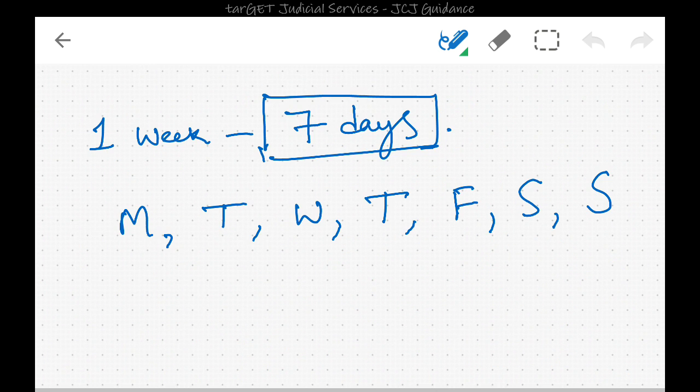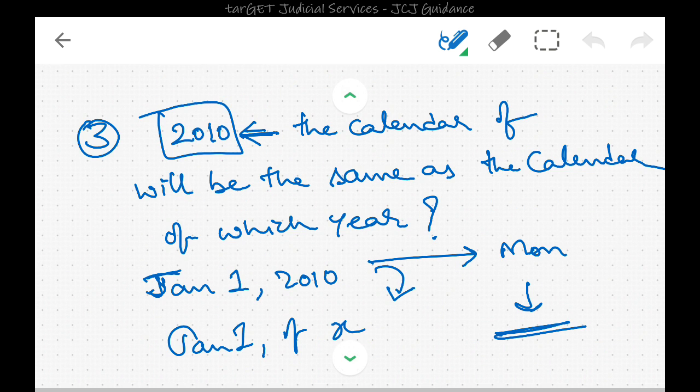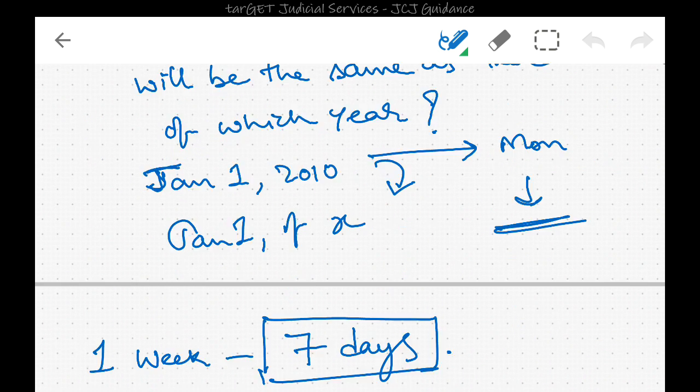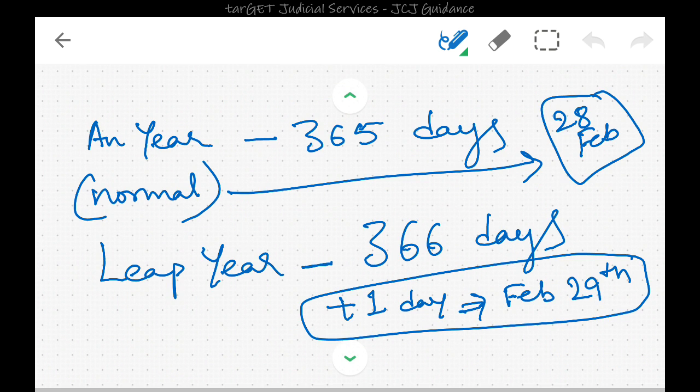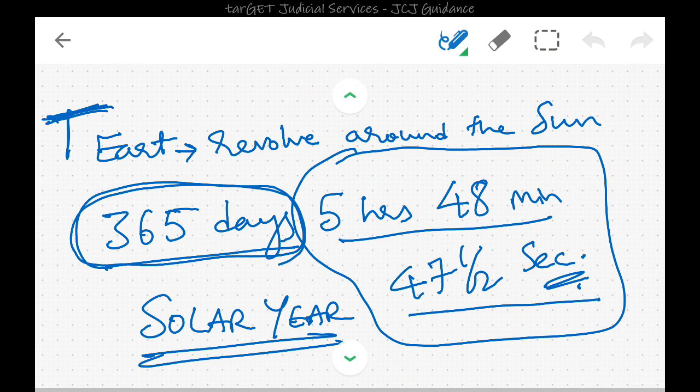A week has 7 days, starting with Monday to Sunday. A year has 365 days, and a leap year has 366 days. The additional day is accommodated on February 29th. We have come to 365 days because the Earth takes 365 days, 5 hours, 48 minutes and 47 and a half seconds to revolve around the sun, which is called a solar year.